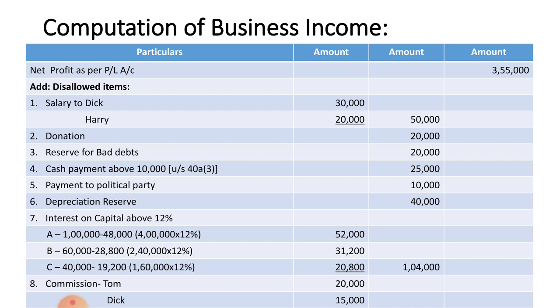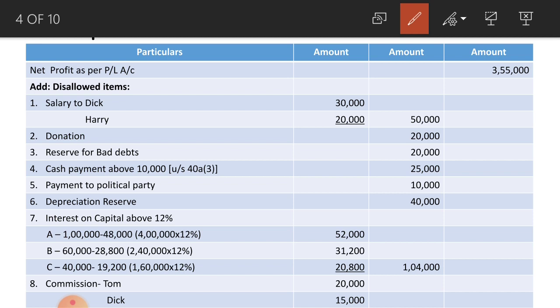See this problem. Net profit as per profit and loss account given, that is 3,55,000. To that you have to add all disallowed items, that is salary to Dick 30,000, salary to Harry 20,000, that amounts to rupees 50,000. Next, donations to NDF and recognized school, total of that is 20,000.